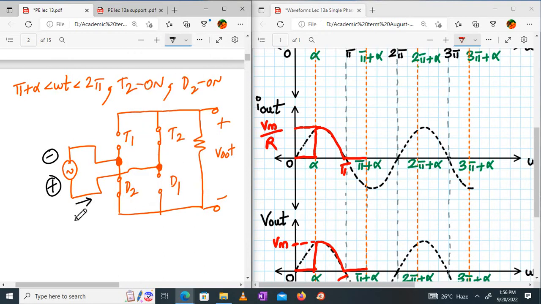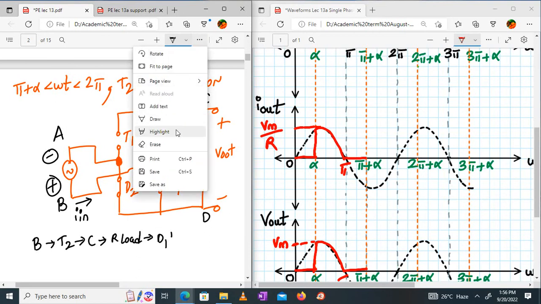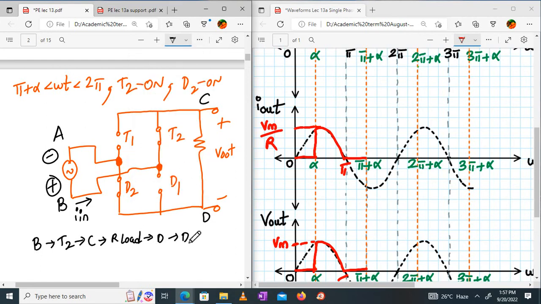Now, if this is point A, this is B, this is C, D. So how will the current flow? Through T2, point C, the load R, point D, then diode D2 and back to the supply.